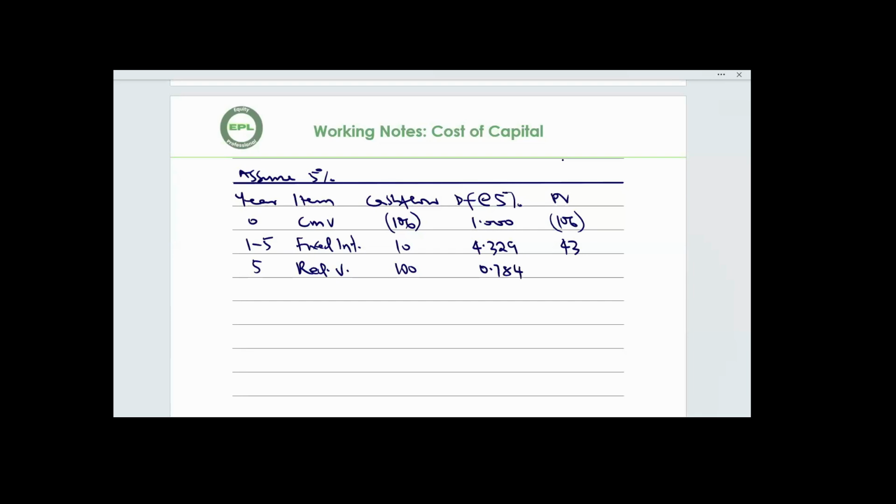Am I correct? That's correct. Then 0.784 multiplied by 100 will give us 78, rounding. So 78 plus 43, that will give us 121. 121 minus 106 will give us 15 positive. So that's our NPV.